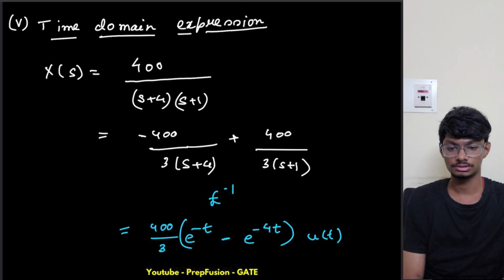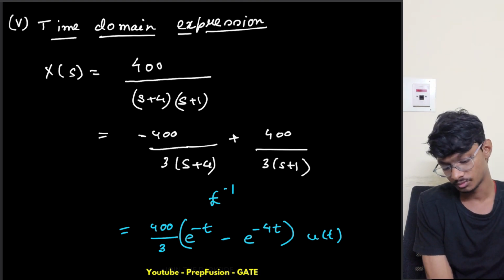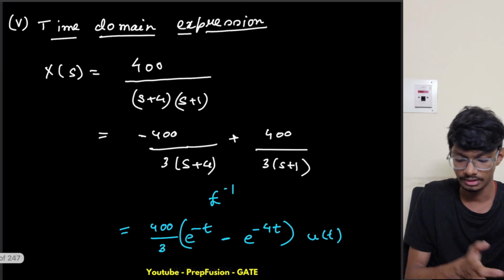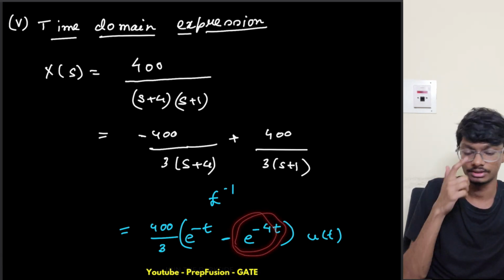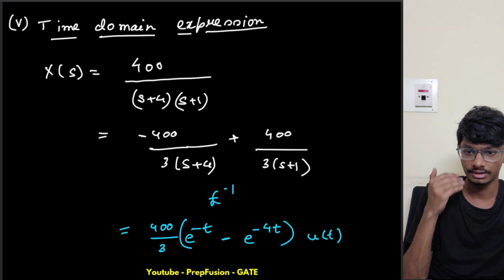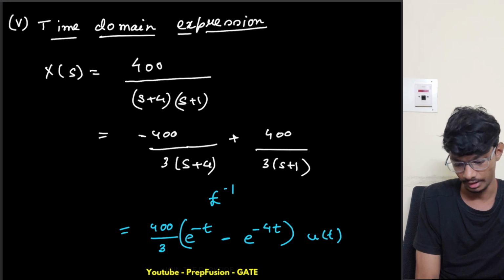Okay, this is the expression that we get. One more thing to note here, which we'll learn in the next concept, is that this term will affect the other term initially, but after that it won't affect. The response will die down.